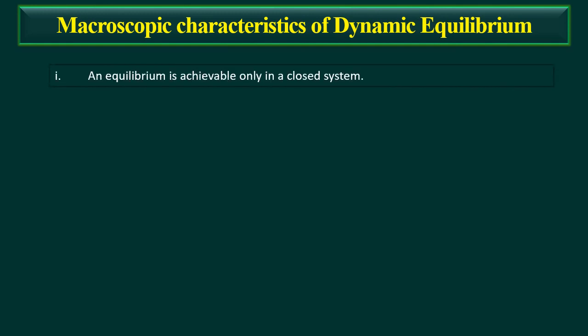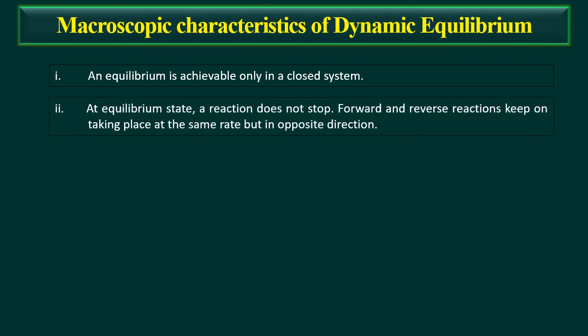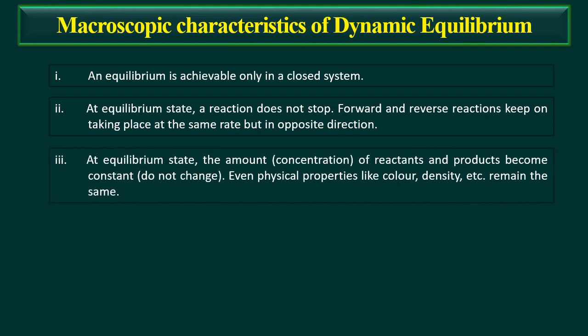Now, the macroscopic characteristics of dynamic equilibrium. Number 1. An equilibrium is achievable only in a closed system. 2. At equilibrium state, the reaction does not stop. Forward and reverse reactions keep on taking place at the same rate but in opposite direction. 3.